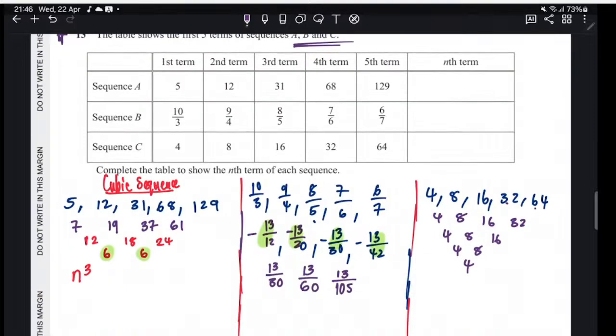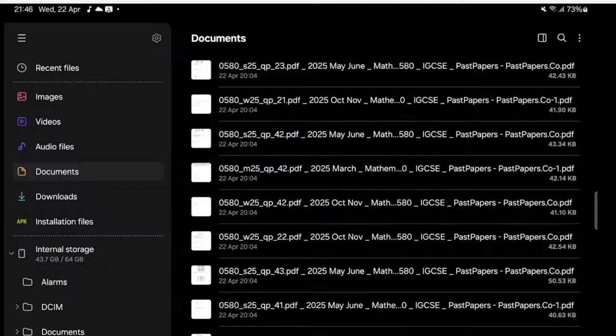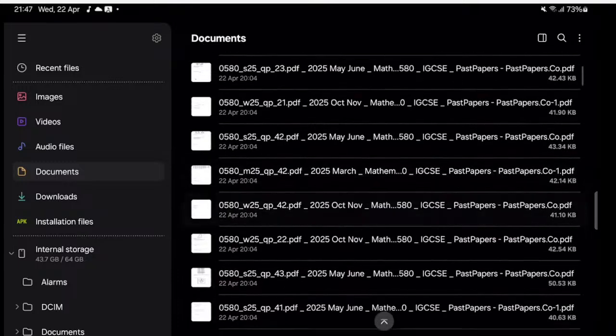But let me do the second one, which I had put for you, which is a little bit easier, which is a paper 2 question. It's a May-June 2025 question paper 2-2.